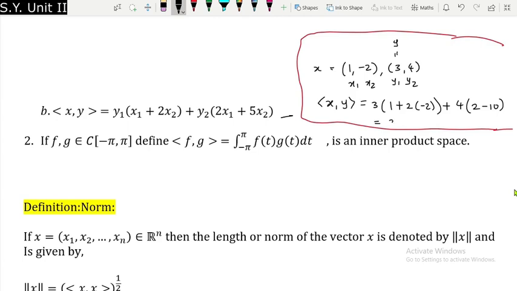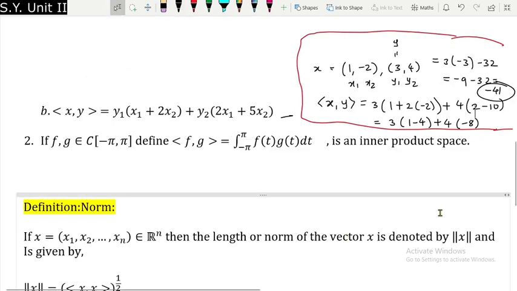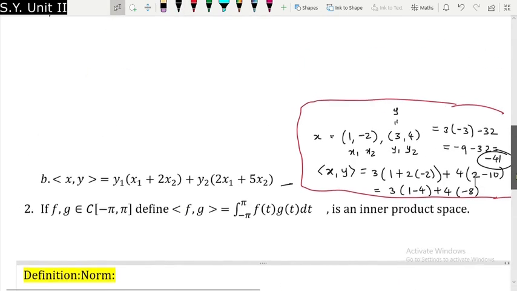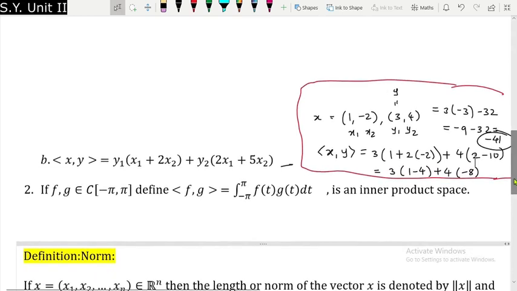You can simplify it: it will be 3, 1 - 4 plus 4, 2 - 10 is -8, and this 1 - 4 is -3, so this will be equal to 3 multiplied by -3 plus -32, so -32 - 9, and the answer is -41. So in this way you can find the inner product of two vectors from the vector space, and obviously provided the inner product is given.